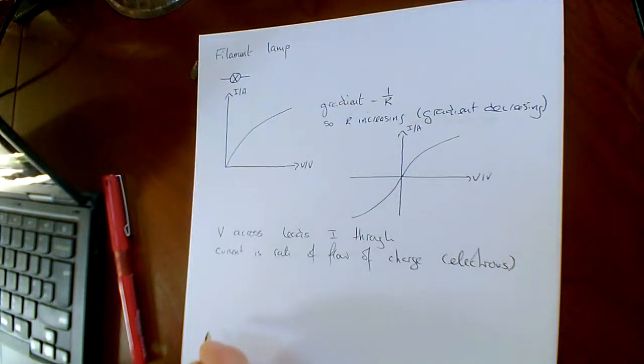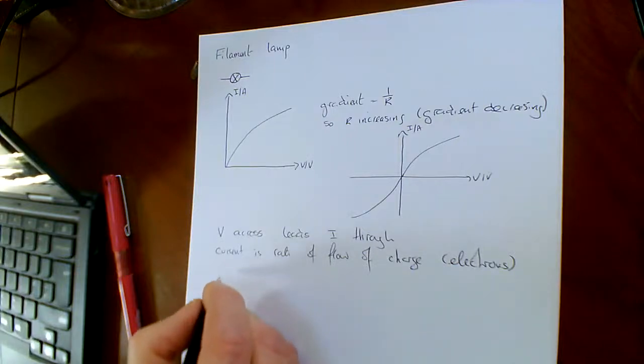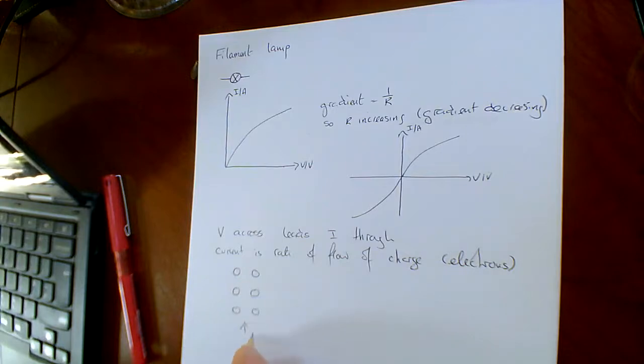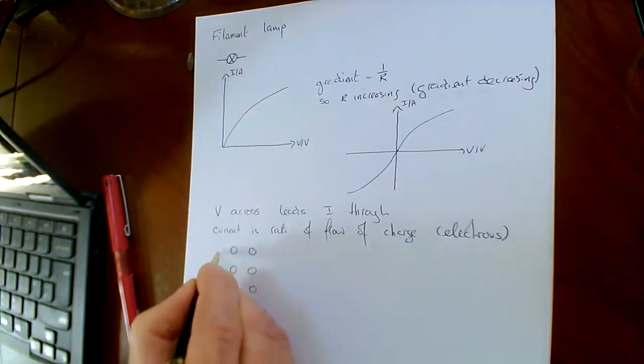In a metallic conductor, in solutions in chemistry, for example, it would be ions, but here it's electrons. So if you imagine your conductor as being made up of a bunch of ions, and ions is the right word to use here, not atoms, and you have your free electrons.